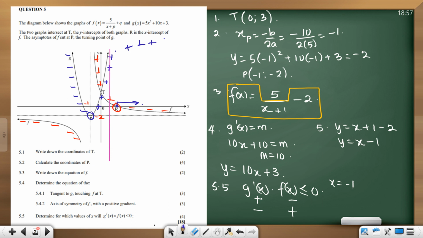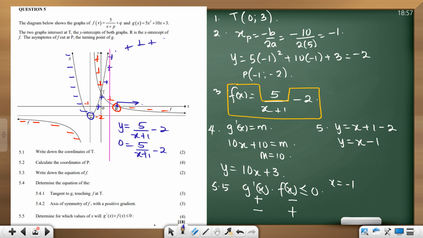Can we get R? What do we know about R? R is the x-intercept of your hyperbola, right? Of the hyperbola. We need to show the calculation. Y equals 5 over x plus 1 minus 2. What do we know? Our y equals 0. 5 over x plus 1.